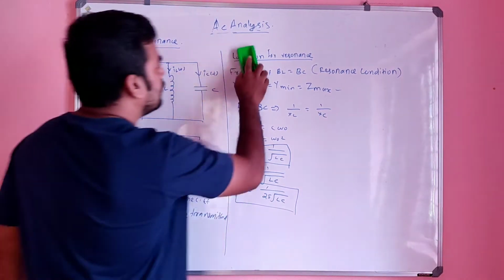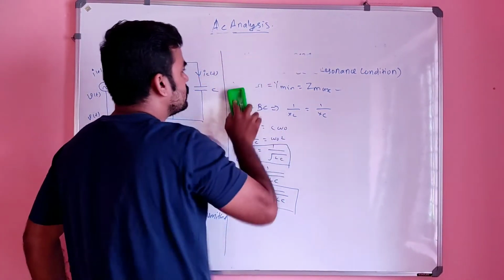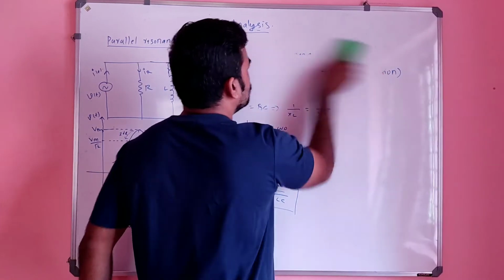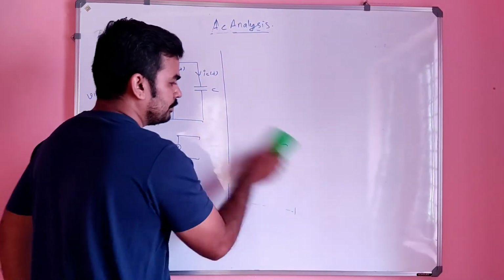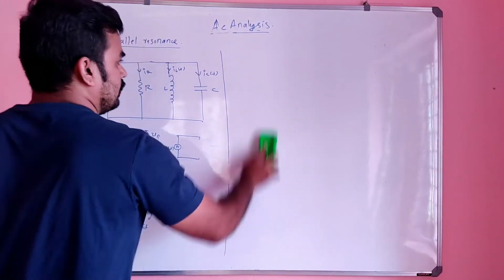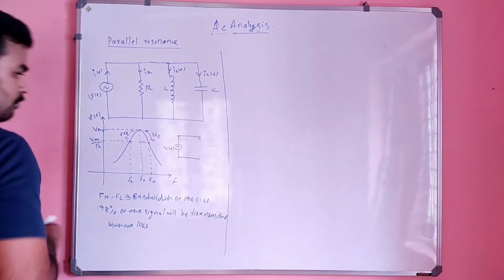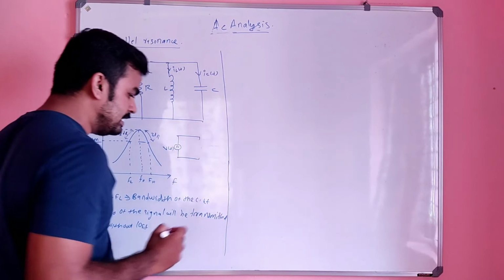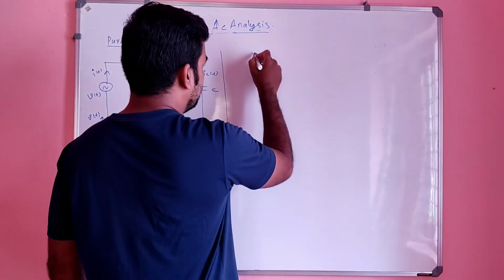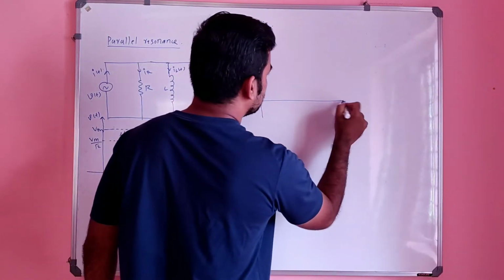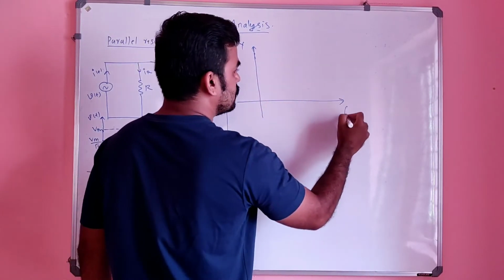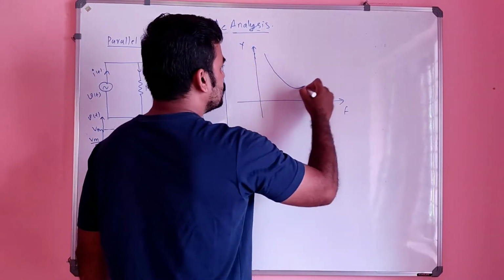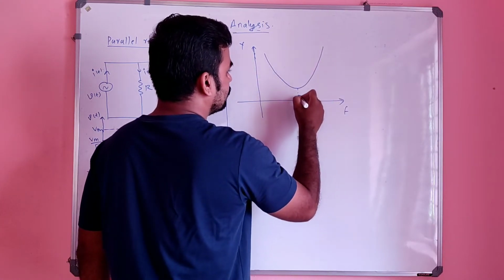And let's try another graph. See, I already told you that without revising, it is very, very difficult to understand the concept. Another graph is nothing but the Y versus frequency graph. So this is the shape of the curve.